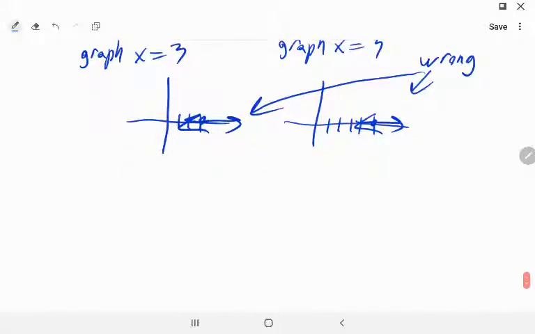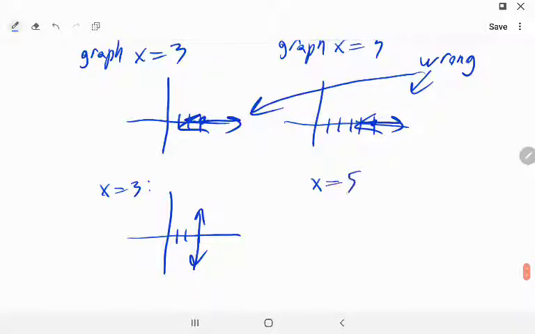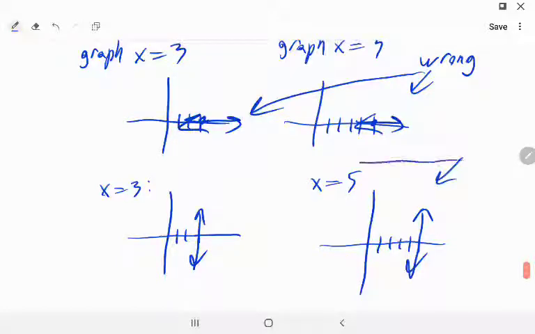What we should get is x equals 3 graphed as a vertical line through 3, 0, and x equals 5 as a vertical line through 5, 0. So if the lines look really boring, something is probably going wrong.